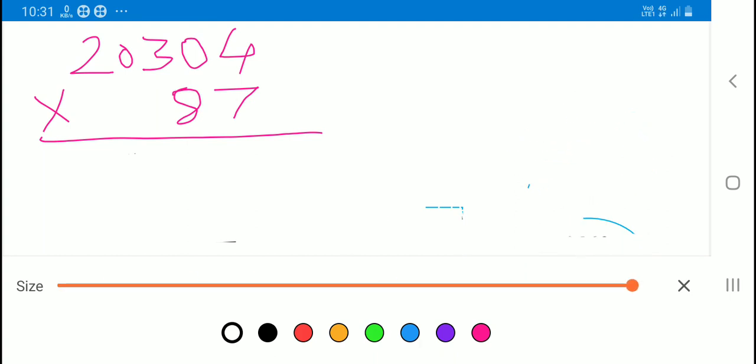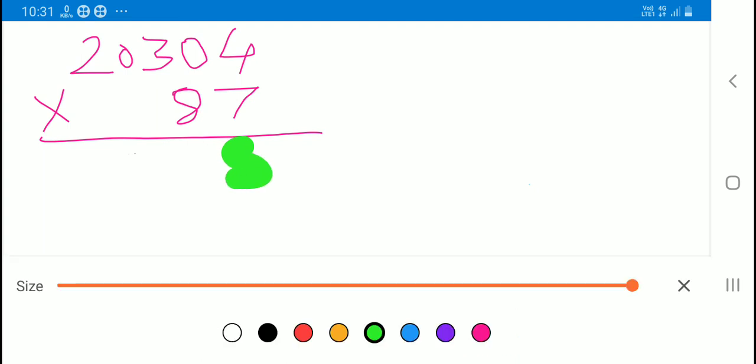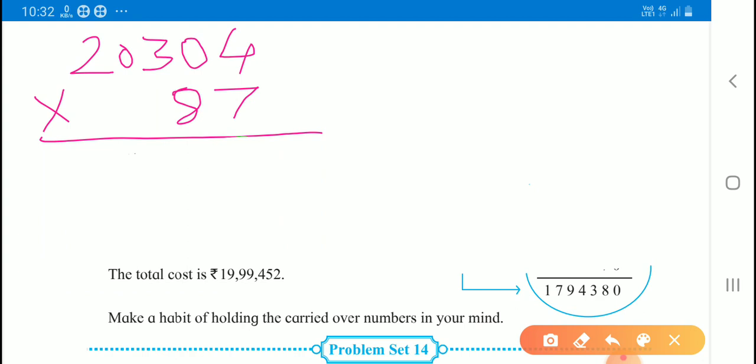Now here we will multiply the 5-digit number by 2-digit numbers. 7 4s are 28. Now look, 8 and what is given there? 0 is here. So 7 4s are 28. 8 we will write here, 2 carried.